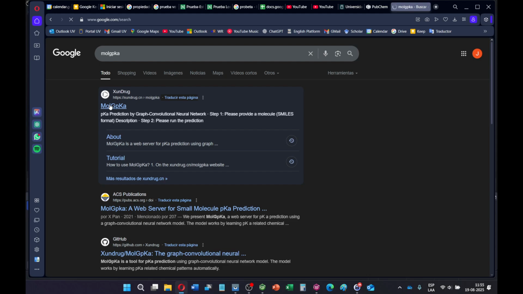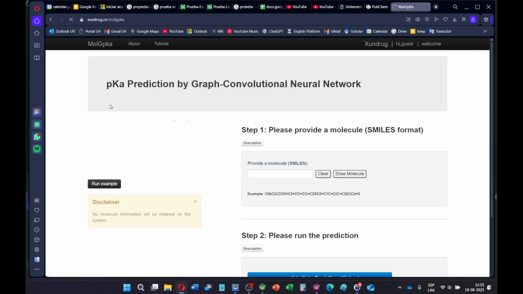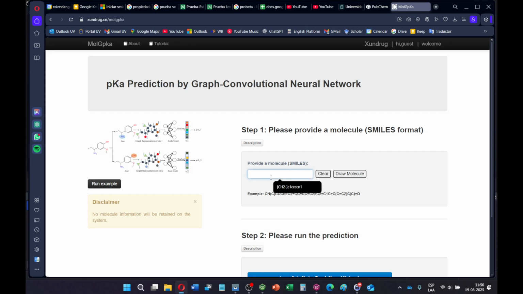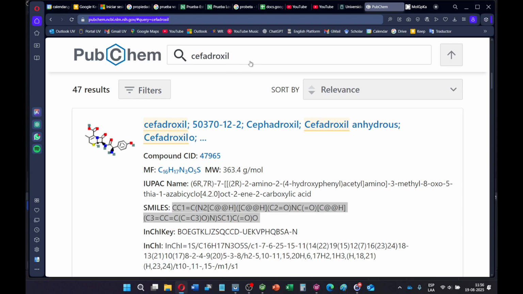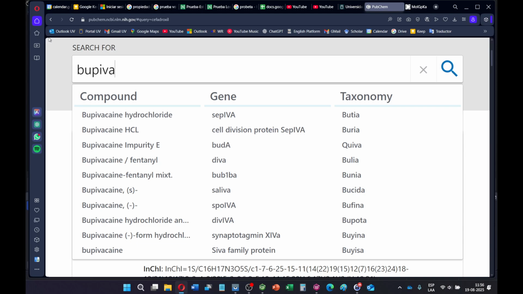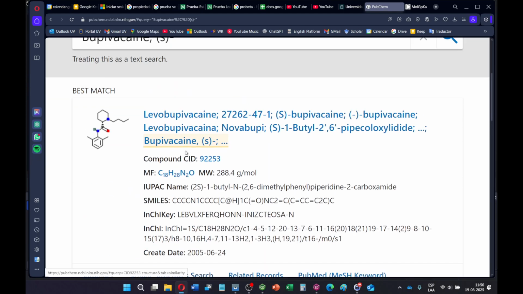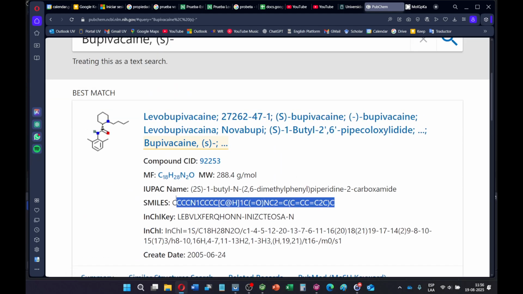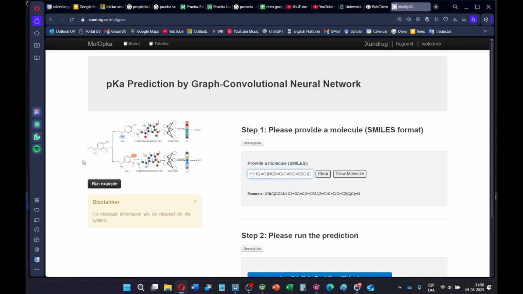Look, you can paste the molecule in SMILES format. So, what was the first? Bupivacaine, the drug. And then, to avoid drawing it, we come here to the structure, copy it directly, and paste it here, or click here.